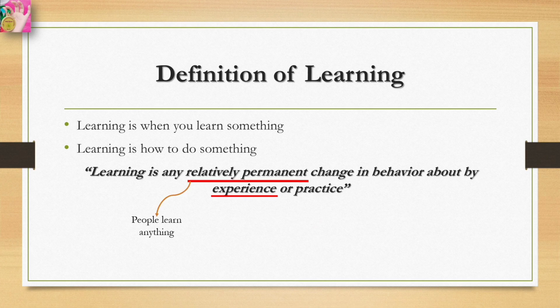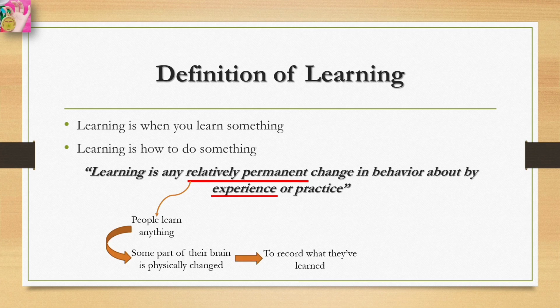The relatively permanent part of the definition refers to the fact that when people learn anything, some part of their brain is physically changed to record what they've learned. This is actually a process of memory.